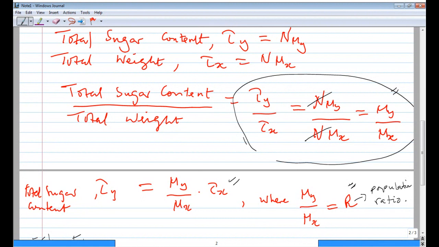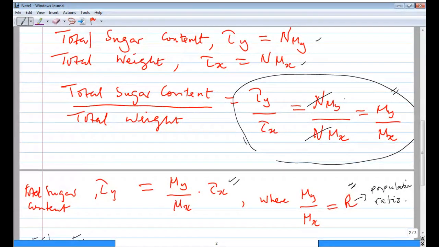N equal to tau X over mu X, from the first one. Yes, and the last one.